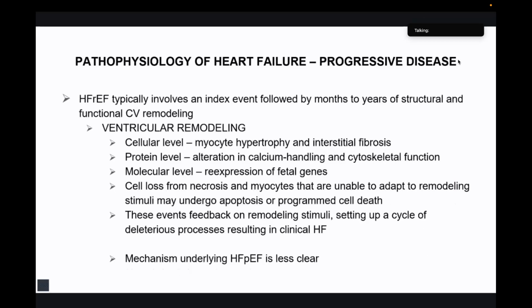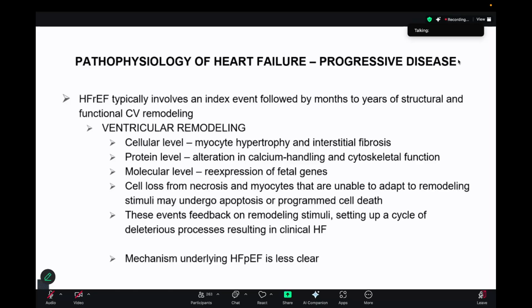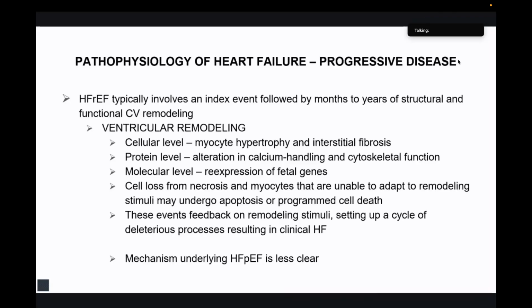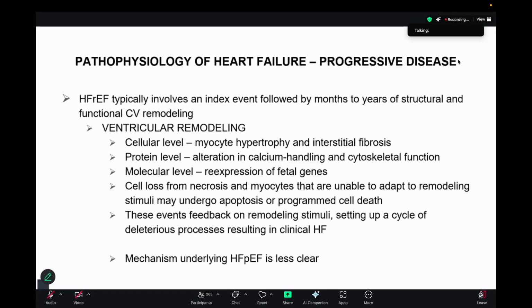With ventricular remodeling, at the cellular level, there is myocyte hypertrophy and interstitial fibrosis. At the protein level, there is alteration in the calcium handling and cytoskeletal function. At the molecular level, there is re-expression of fetal genes.